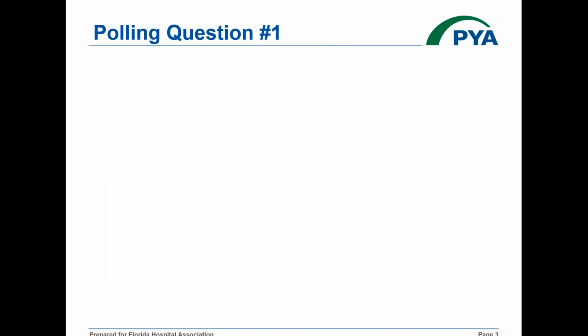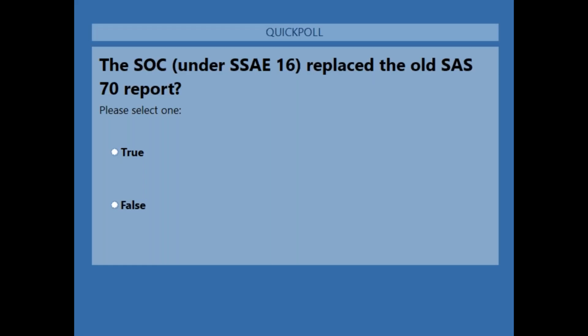And we're actually going to stop here for our first polling question. Okay, the first polling question is, the SOC under SSAE 16 replaced the old SAS 70 report. Please select one, true or false. Remember, you must fill out the polling questions in order to receive CPE credit.